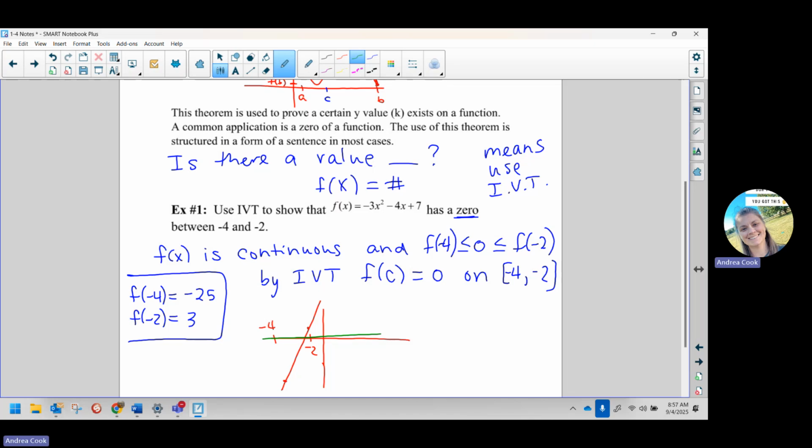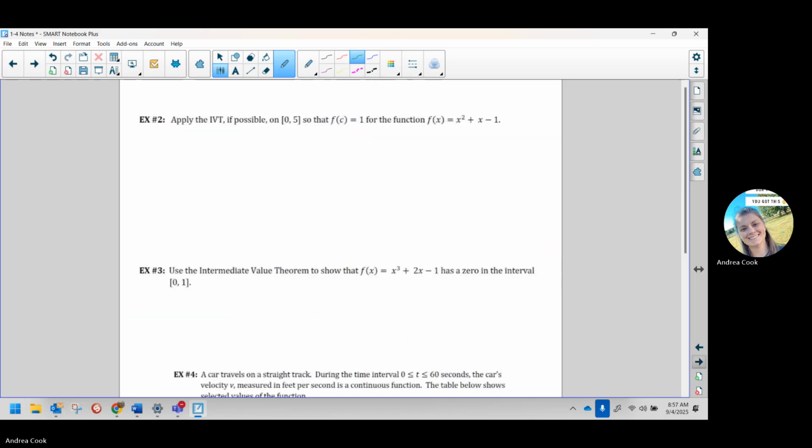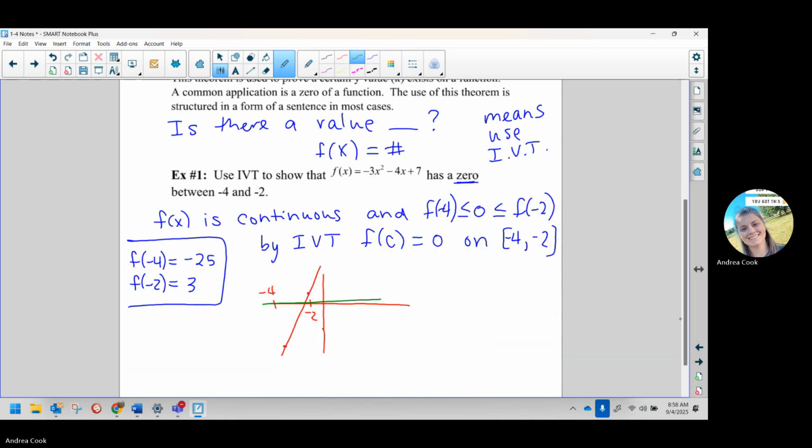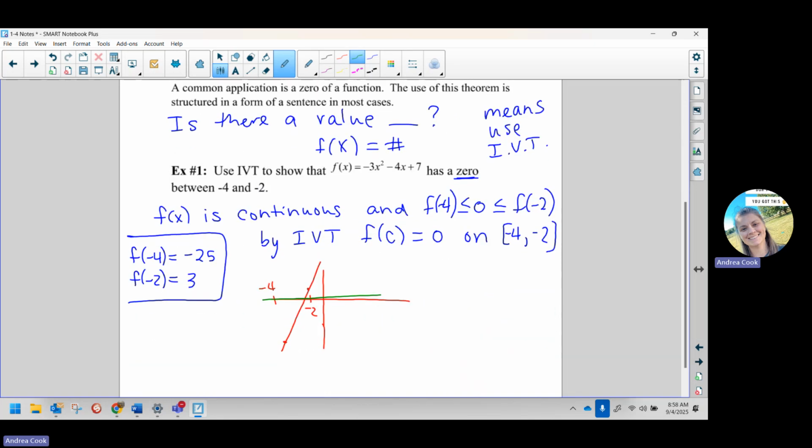Are there more examples? Ooh, lots more, man. Are we just taking that it's continuous of the interval? It didn't ask us to find it, did it? Yeah, it didn't ask us to find where. That one we just say that there is a value. So there is a value, yep.